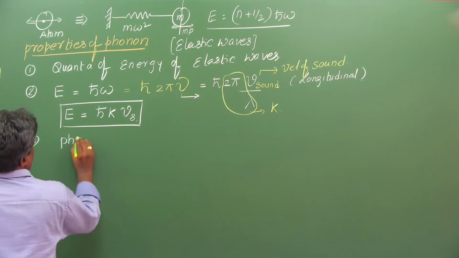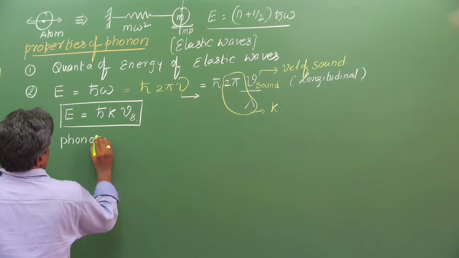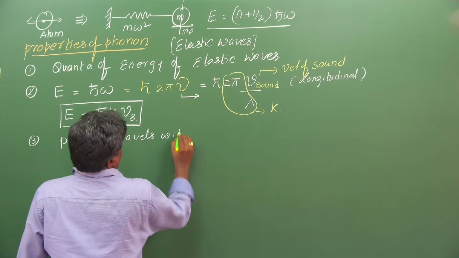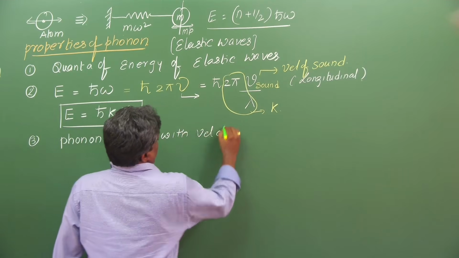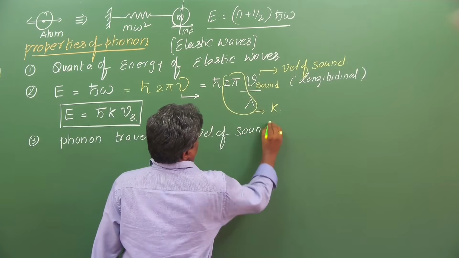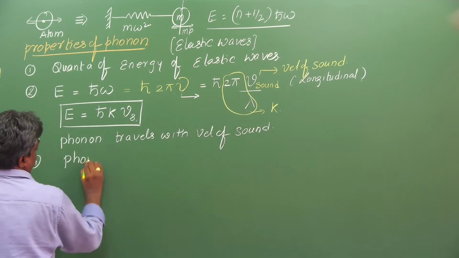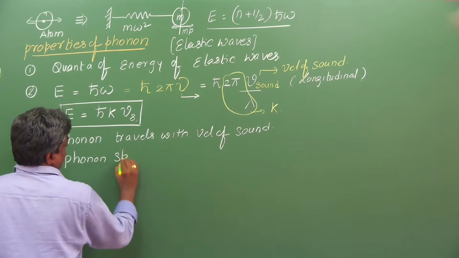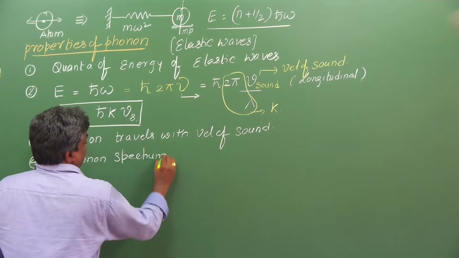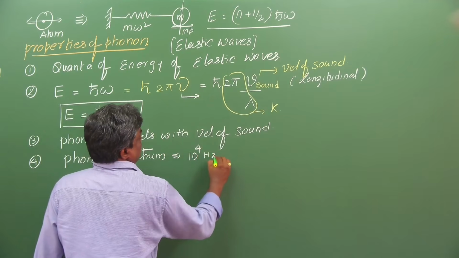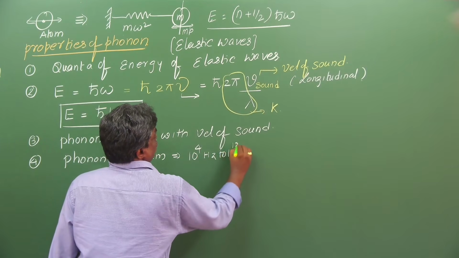Third one, phonon spectrum. Phonons travel with the velocity of sound. Next point, phonon spectrum range. What kind of spectrum is it? The phonon spectrum range is 10 to the power of 4 hertz to 10 to the power of 12 hertz.